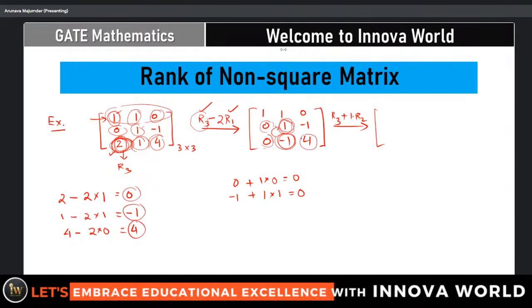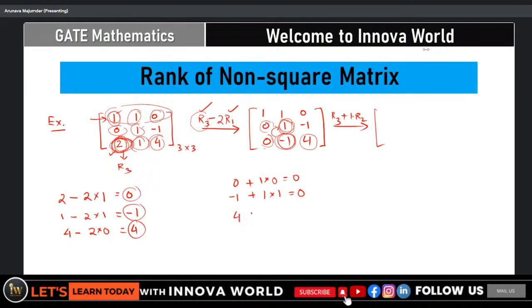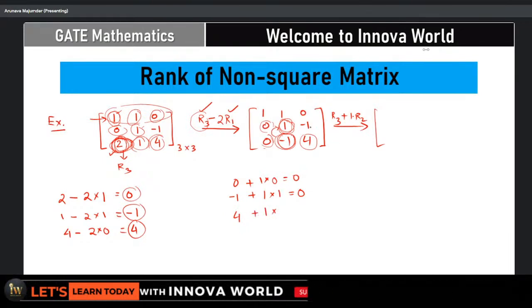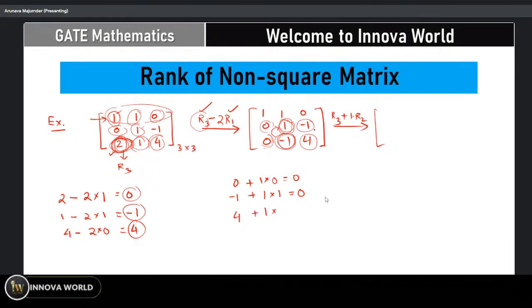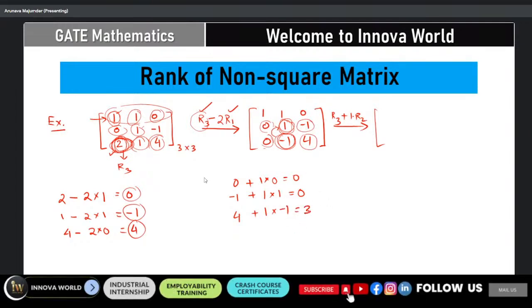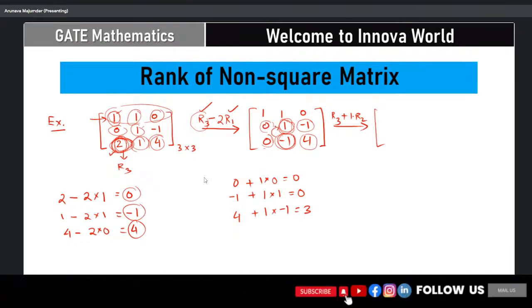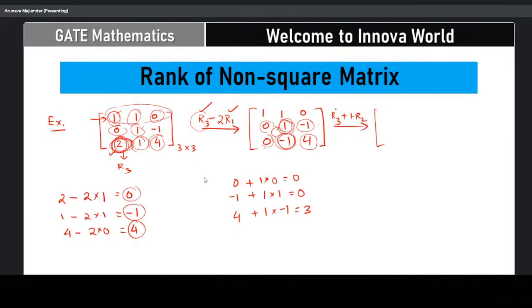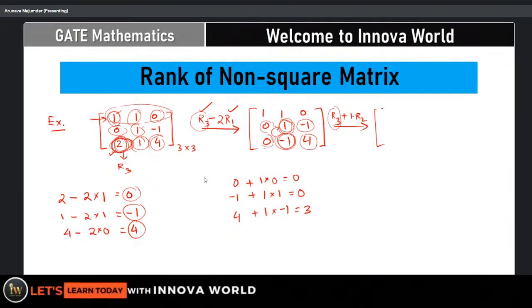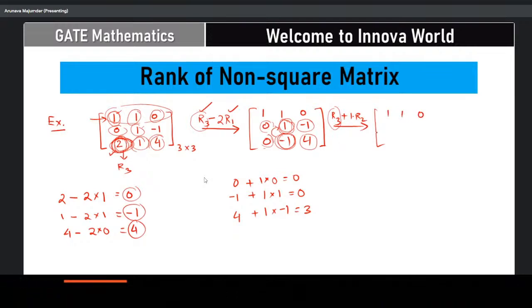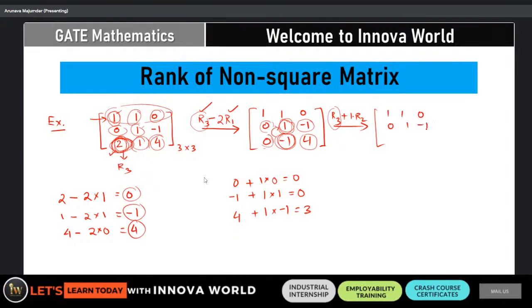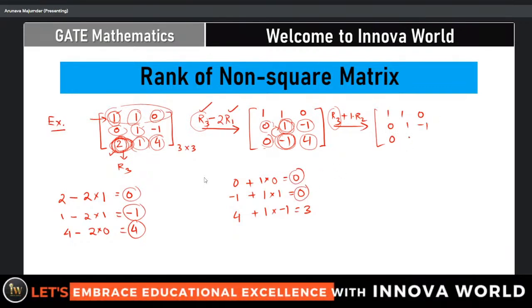Now the third element of row 3: 4 plus 1 into the third element of row 2, which is minus 1. So it becomes 3. Since only row 3 is changing, row 1 and row 2 stay the same. So 1 1 0, 0 1 minus 1, 0 0 3.